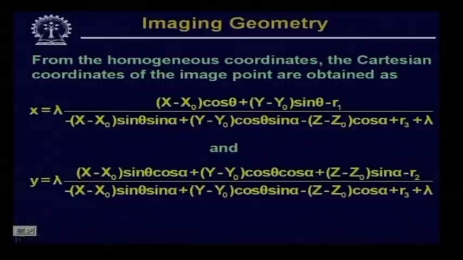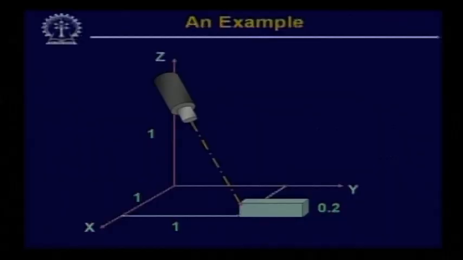Now, let us try to see an example to illustrate this operation. So, let us take a figure where we assume that the camera, or the center of the imaging plane of the camera, is located at location 0, 0, 1 with respect to the 3D world coordinate system x, y, z.